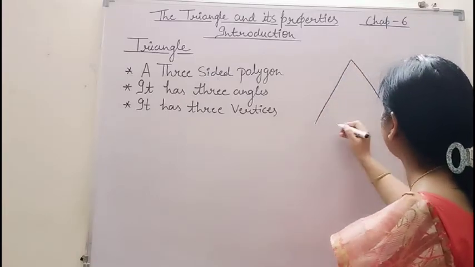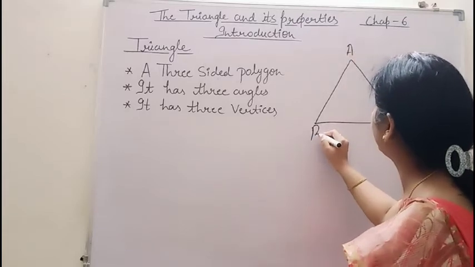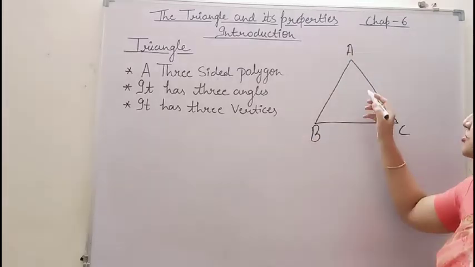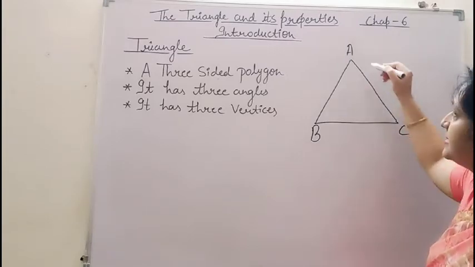See, this is your triangle. We will give the names A, B and C. So in this triangle there are three sides: AB, BC and CA.